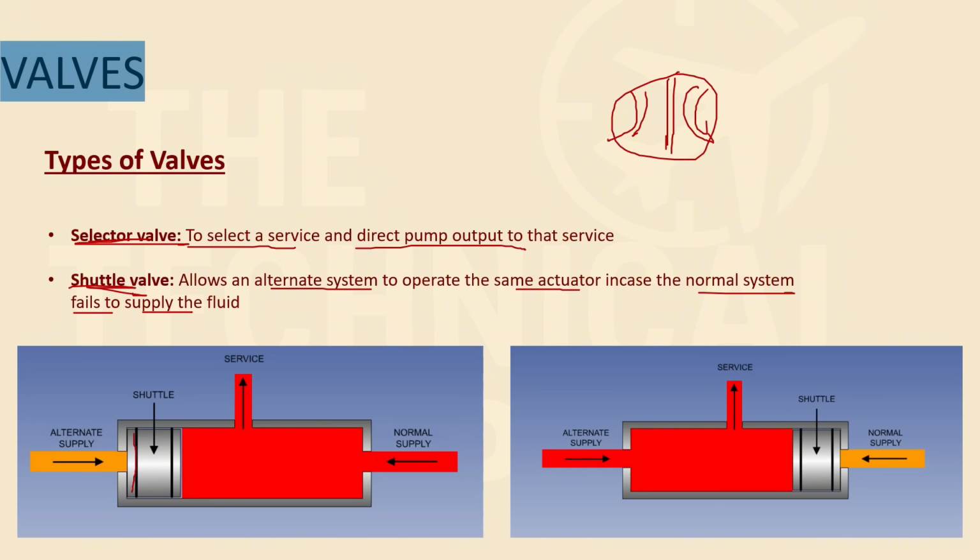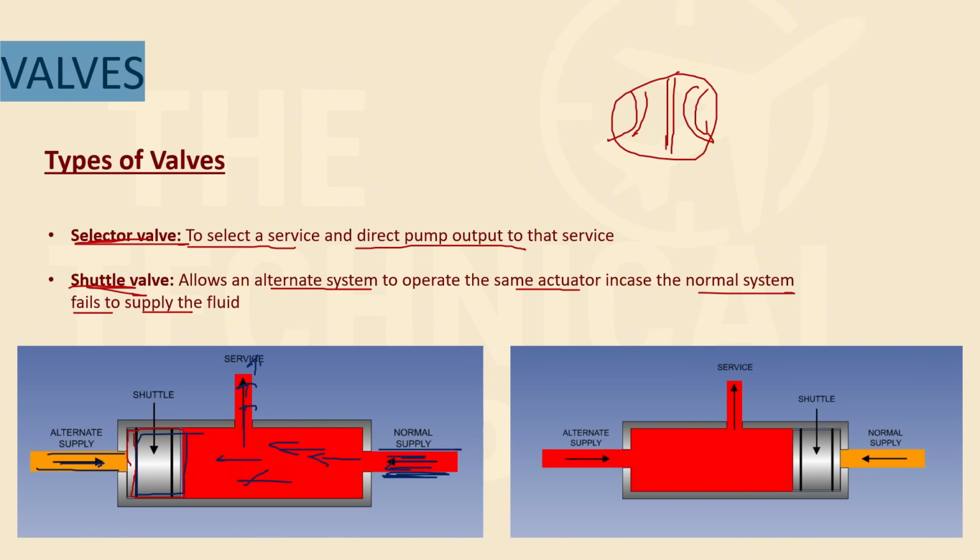This is the shuttle. This particular thing moves back and forth, and this particular part is supplying an alternate pressure, and this is supplying a normal pressure. The normal pressure will be higher than the alternate pressure, obviously. So the normal pressure is more, and the shuttle is pushed to the left hand side. The fluid is entering here and moving out through this part to the surface.